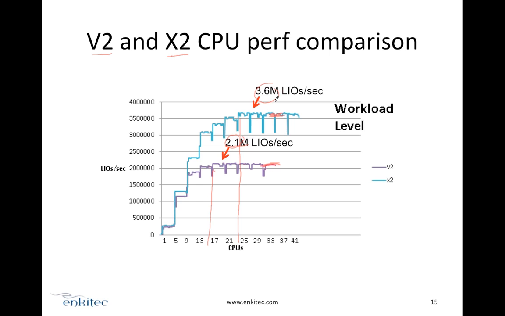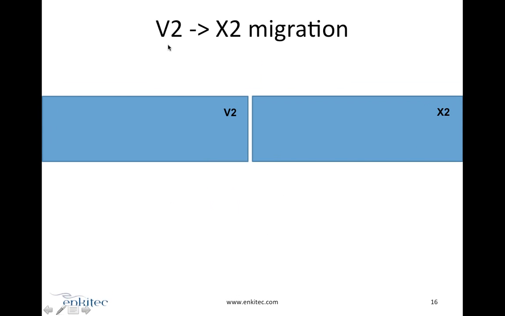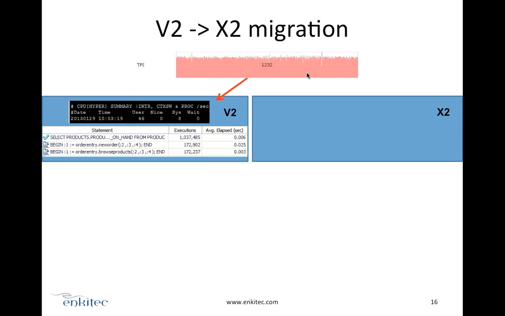Now, here I want to apply the specific benchmark result, running actually on the server, by running the actual benchmark on the server and making use of that for server migration, right? So let's say here I'm just comparing the V2 and X2. The V2 is this, which means 2.1 million. So it's saturated all of the 16 CPUs of that server right here.